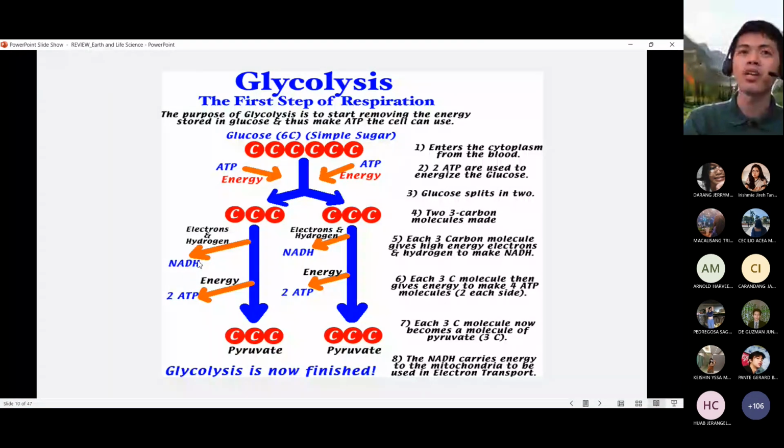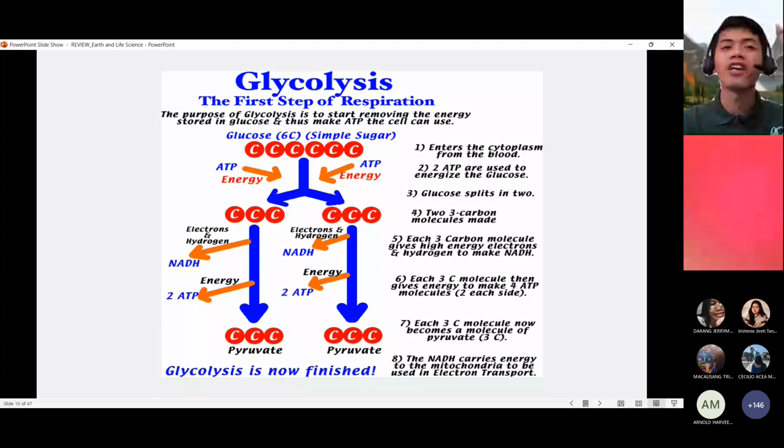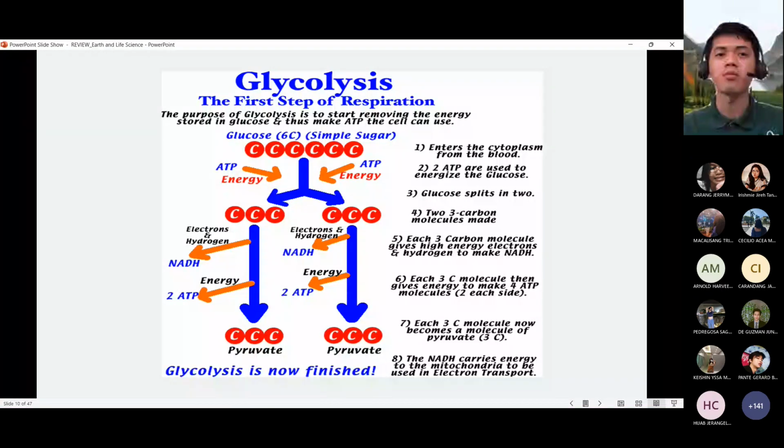We also produce energy as ATP in this process, or phosphorylate ADP and inorganic phosphate to ATP. And there are several enzymes present in this process, but we will not talk about those anymore.